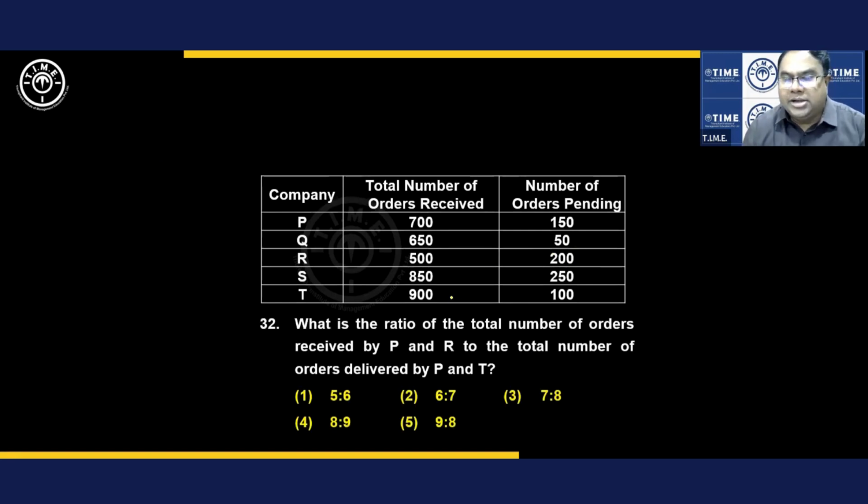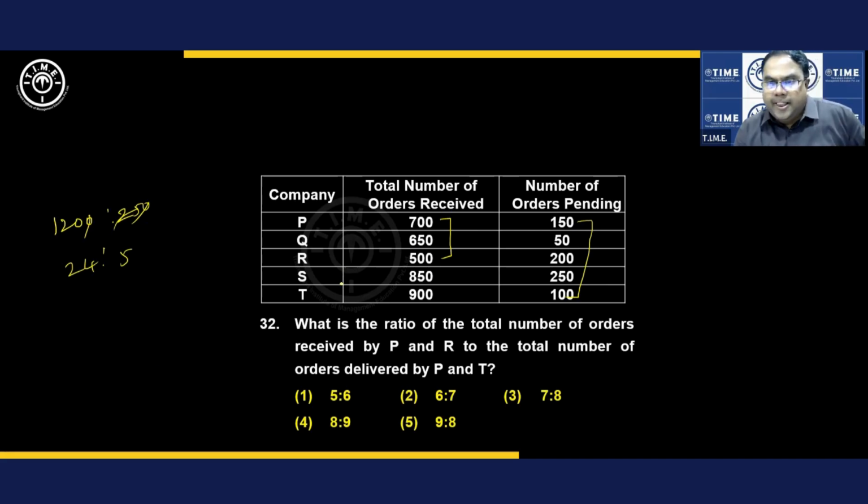Ratio of total number of orders received by P and R: 700, 500, 1200. Total number of orders delivered by P and T: 150, 100, 250. Right? 25. How many times? 5 24s, 5 5s. 24:5.